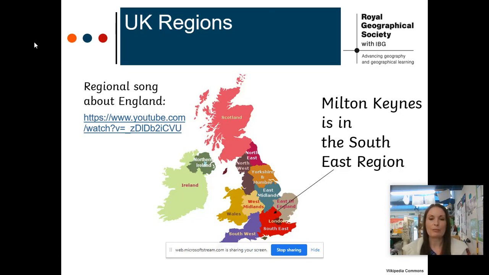Now, if you look on my slide, you can see that England looks like a jigsaw puzzle. It's showing you that England is made up of regions. And my arrow is pointing to the red region, and that region is called the South East. And Milton Keynes is in the South East, so we live in the South East region.